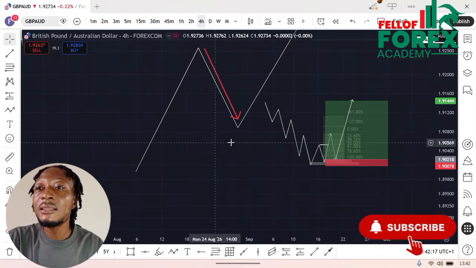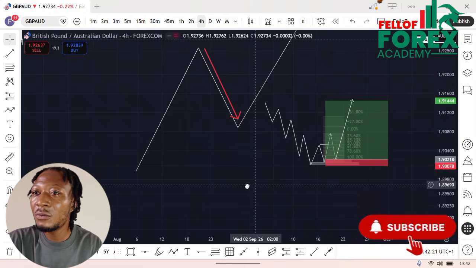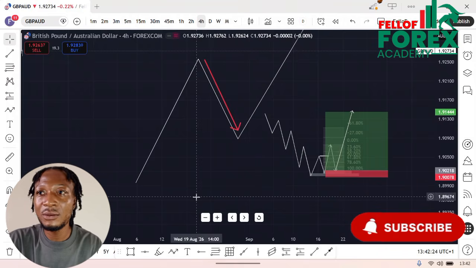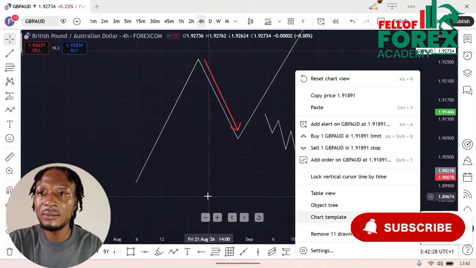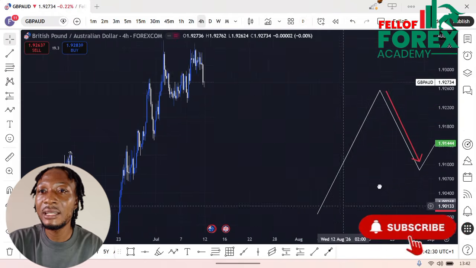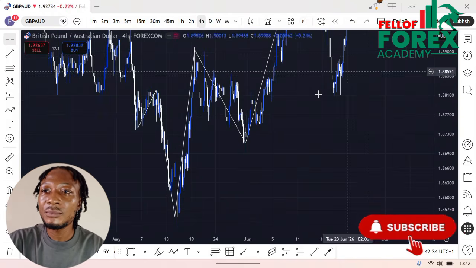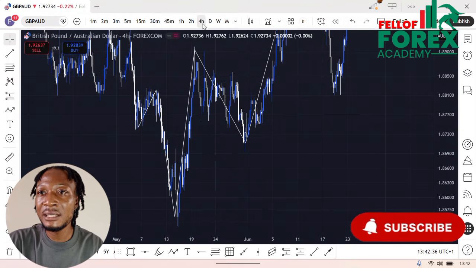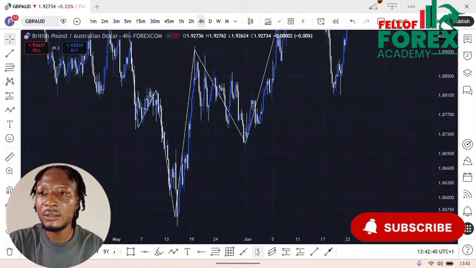All right, guys, now that we already know what we are looking for, take a screenshot of this, okay? And don't forget. Okay, let me take everything out. No, let me not. I shouldn't take it out. Let's just come back here. Now, this is the 4 hours time frame. So I want us to mark the zone in which we are working, okay?